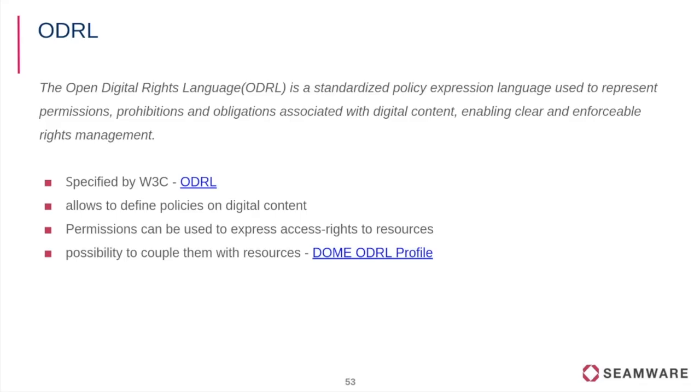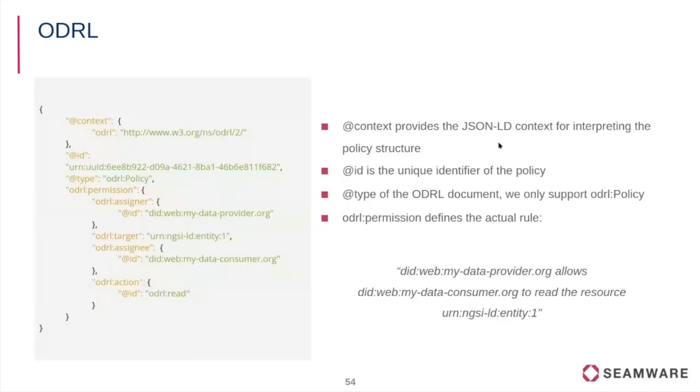There are possibilities to couple them with different resources, so we can use various profiles. I already mentioned the Gaia-X profile. We also have a DOME profile for ODRL included in our ODRL PAP already, and it can be extended to whatever policy parts or policy mechanisms you need for your concrete use case.